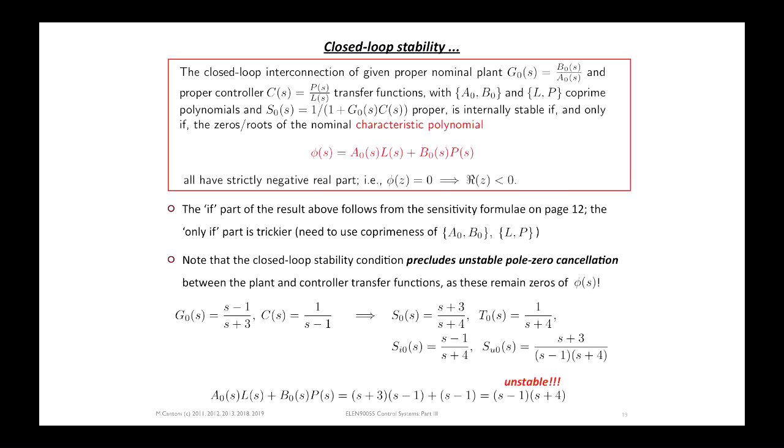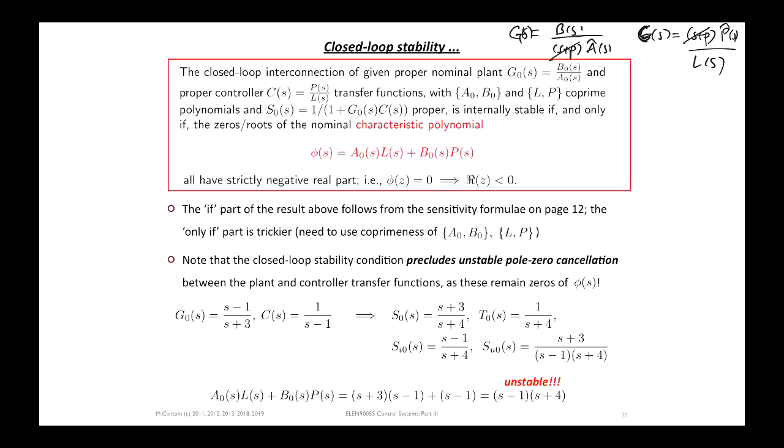Let's say I've got B(s), and I've got a factor (s plus p), let's say A hat, so let's say G looks like that, and I take a controller that has (s plus p) in the numerator. So I've got a P hat instead of P here, and an L like that. A pole zero cancellation between the plant and the controller would look like those things being cancelled.